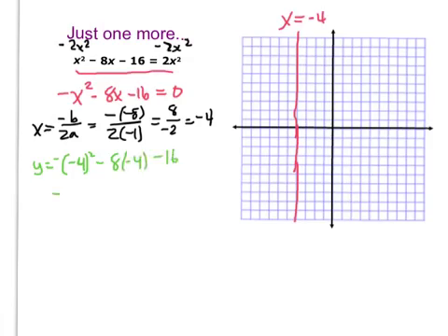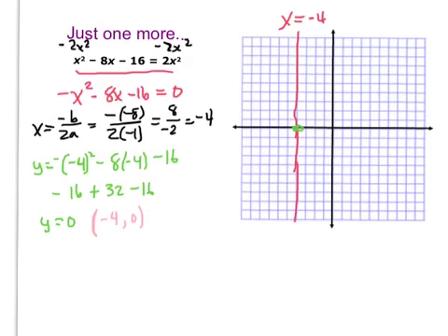So I get negative 16, because negative 4 squared is positive 16, then we make it negative, plus 32 minus 16. And so we get y equals 0. So our vertex is negative 4, 0.